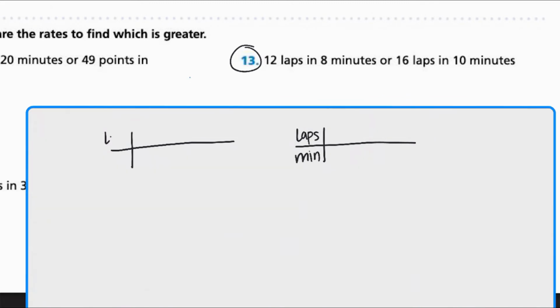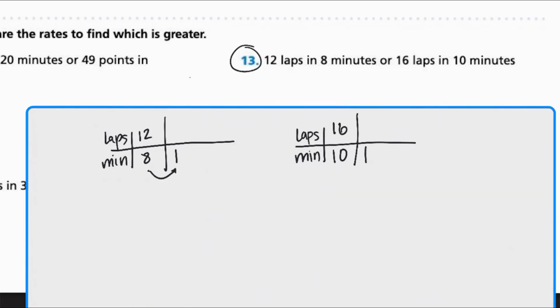So I'll do laps to minutes. Okay, and then we'll go ahead and fill in our table. So we have 12 to 8 and 16 to 10. We want to find out per minute how many laps they can do.